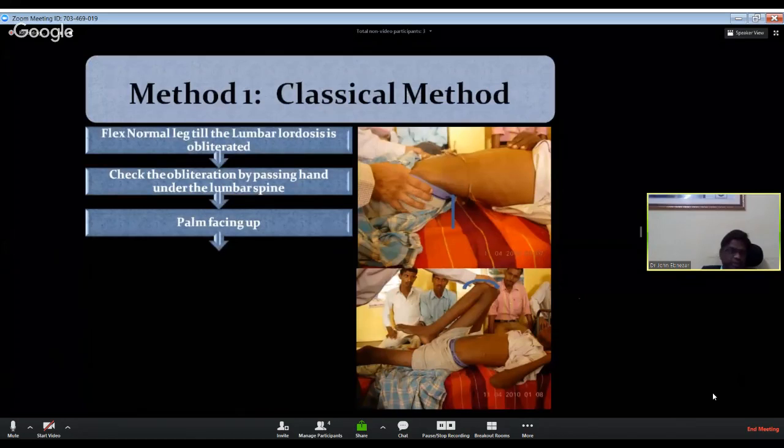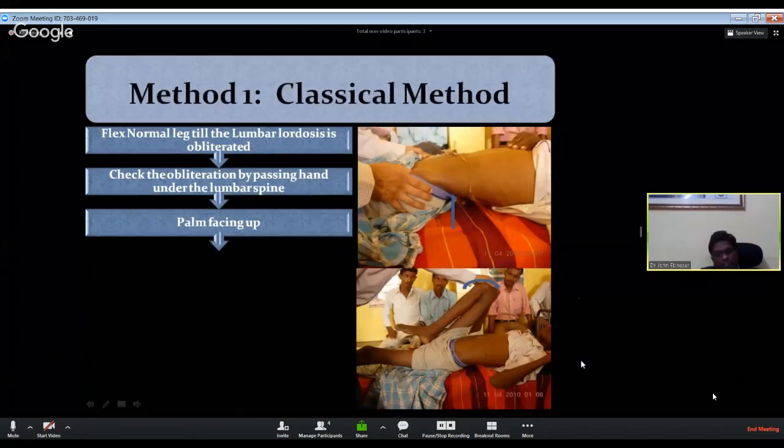Some examiners say that it should not be with the palm up, but with the palm down. So they argue you are wrong. But you have to understand it's the palm which can feel the trochanter easily, not the dorsum, and the dorsum has a convexity.